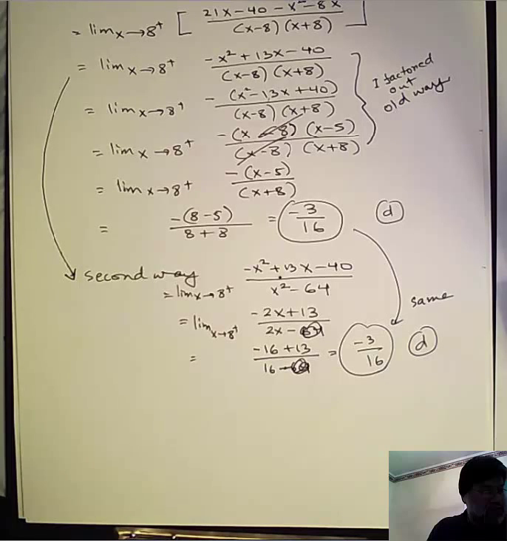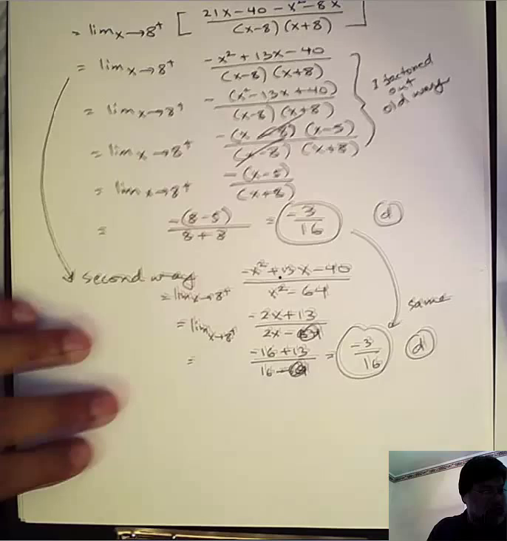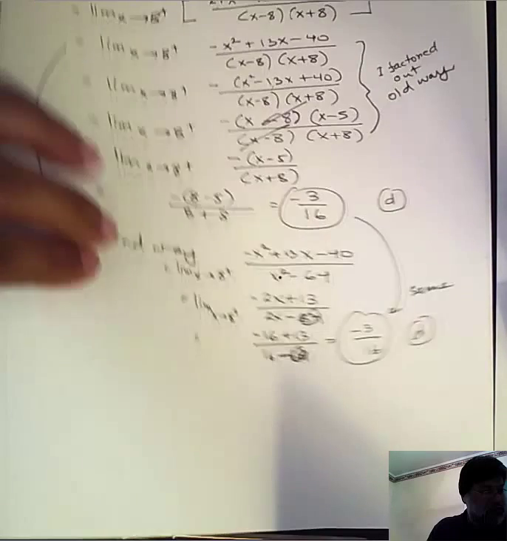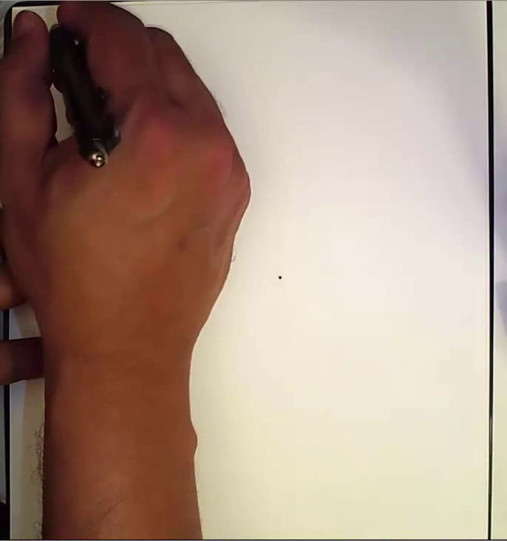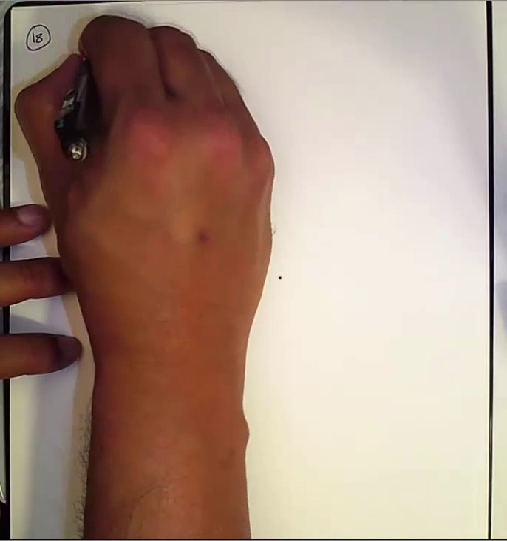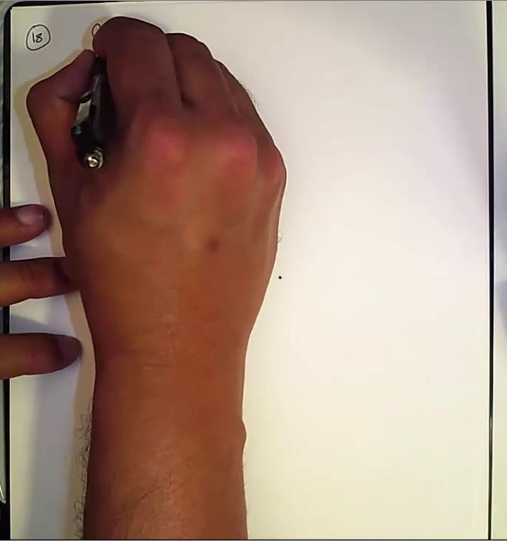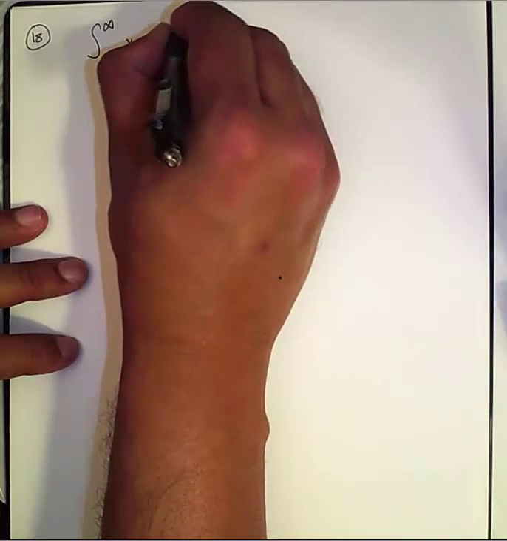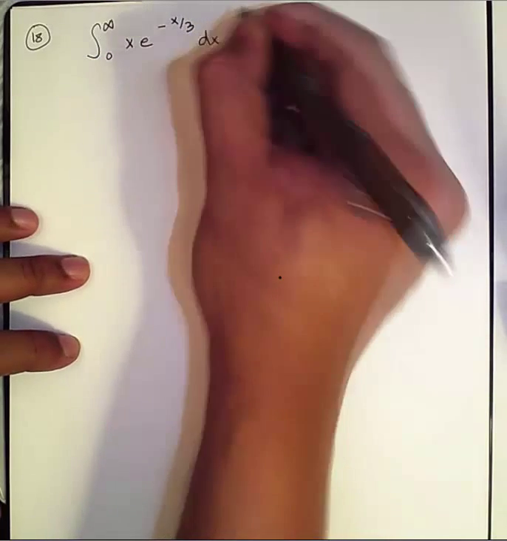Let's go to 18. The integral from infinity to 0 of x e to the negative x over 3 dx.